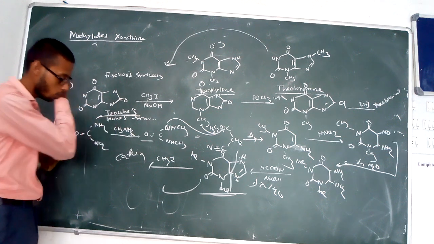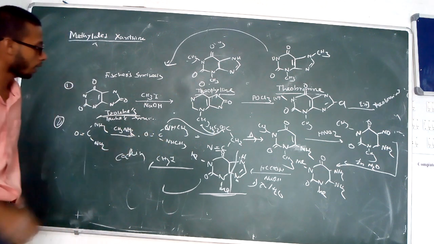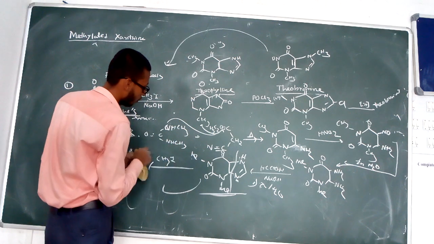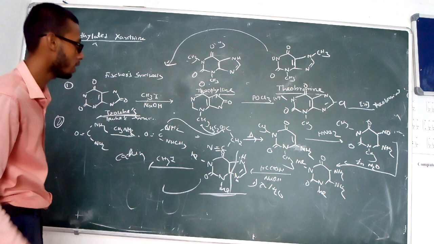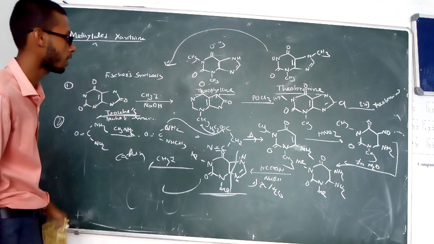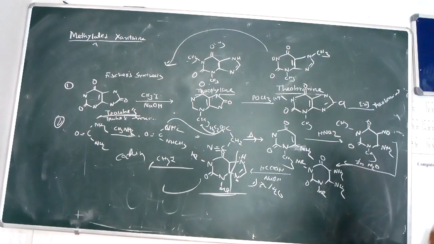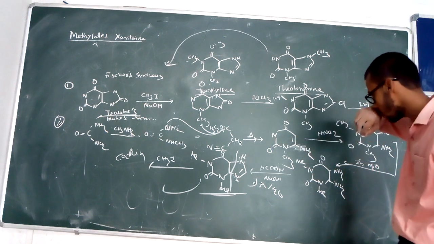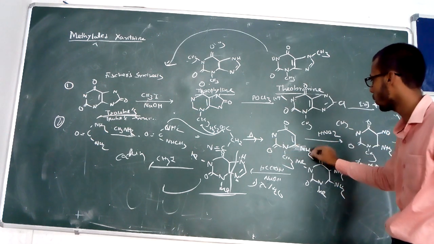Here one molecule of the methylating agent is used, so it will produce monomethyl urea, so that it will easily react with cyanoacetic acid to form 3-methyl uracil.